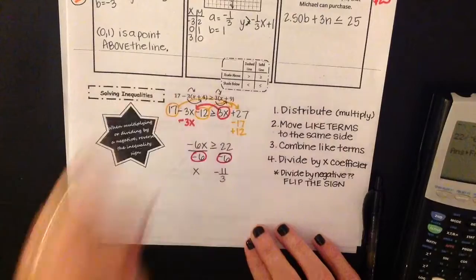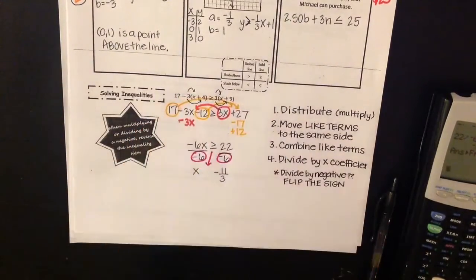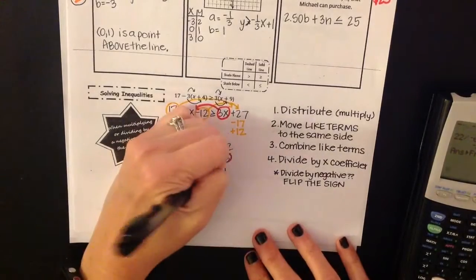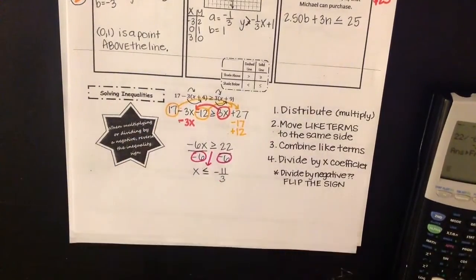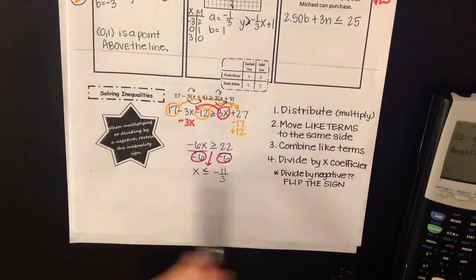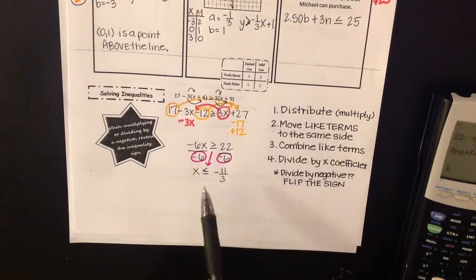Yes, I did. So I have to remember that that sign has to flip. So it's no longer going to be greater than or equal to, I'm sorry, it's going to be less than or equal to. That's the only difference. So for inequalities, you have to divide and solve by hand, whereas in your calculator, you can use y1, y2, and find the intersection point.